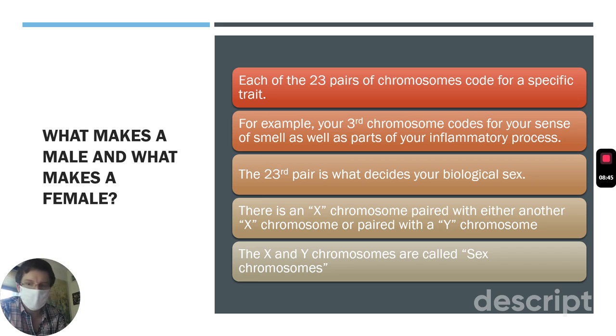You cannot make a human being without at least one X chromosome. The reason for that being is there's not enough information to make anything if you just have a Y chromosome. The X chromosome has so much of the critical information needed to create a human being.